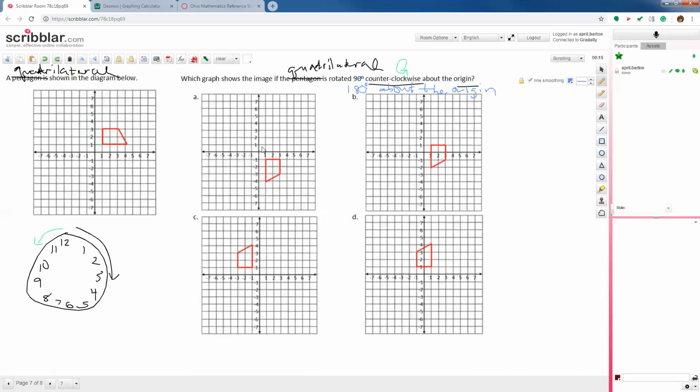I'm going to have to draw out some answer choices. The original. These are not going to be the best pictures. I'm having to rotate in my head as we go.